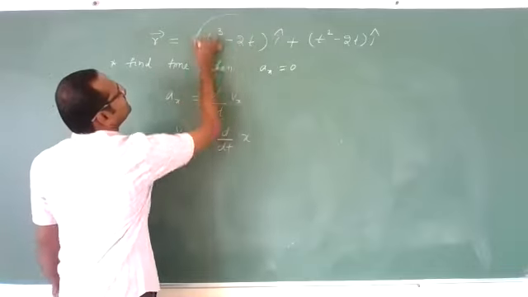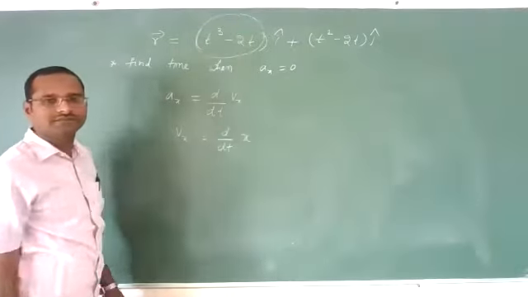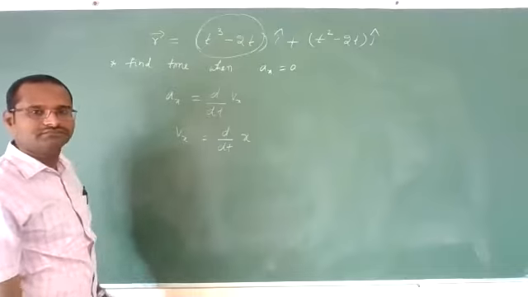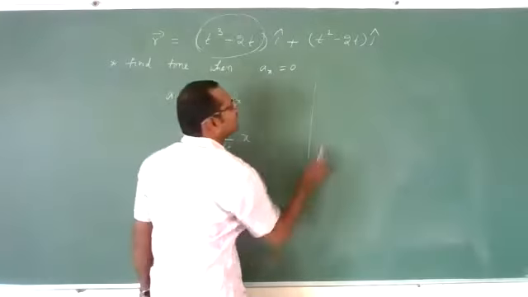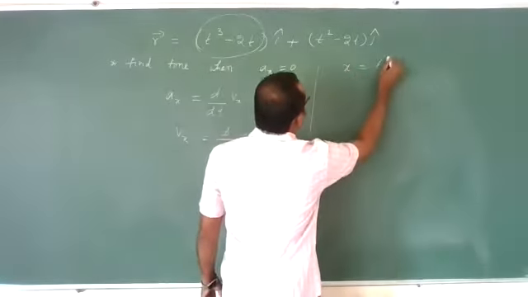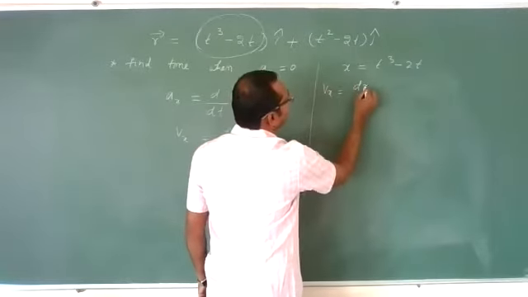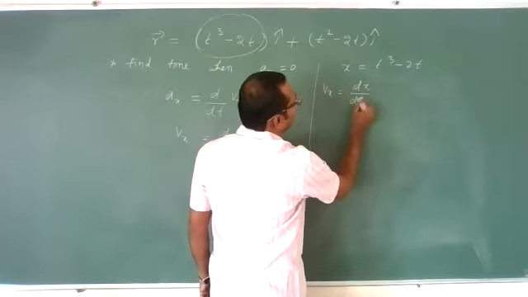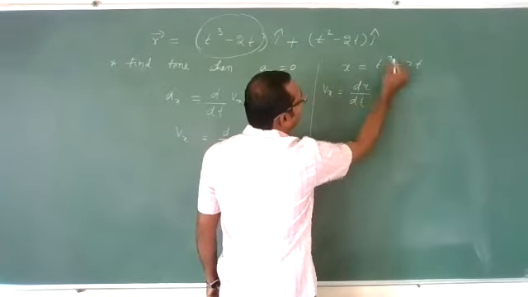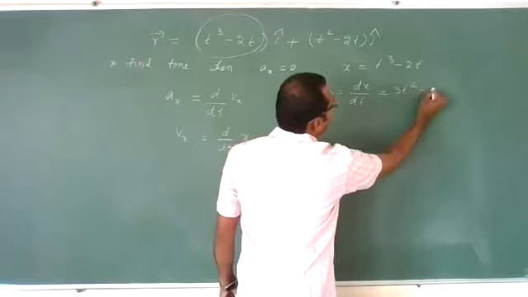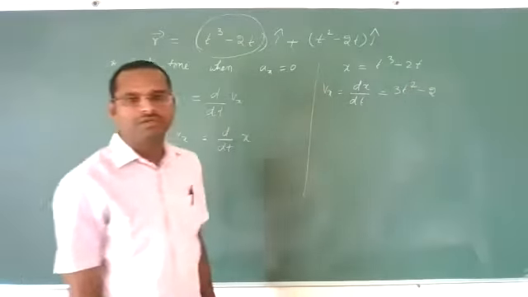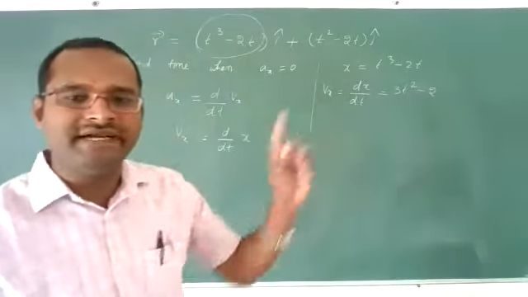This is x: x is equal to t cube minus 2t. Vx is nothing but dx by dt, so d by dt of t cube is 3t square minus 2. 2 is constant, d by dt of t is 1.